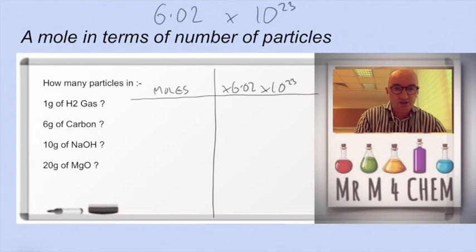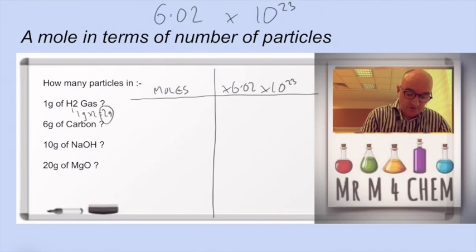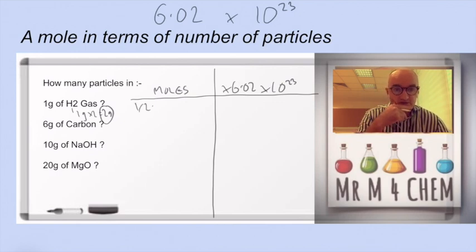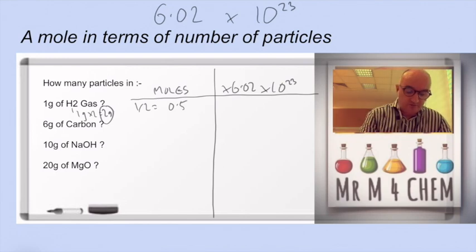So 2g is the molecular mass of 1 molecule of hydrogen. We've got 1g, so it's 1 over 2, which is 0.5 moles. If 1 mole has 6.02 times 10 to the 23, half a mole must have 3.01 by 10 to the 23.